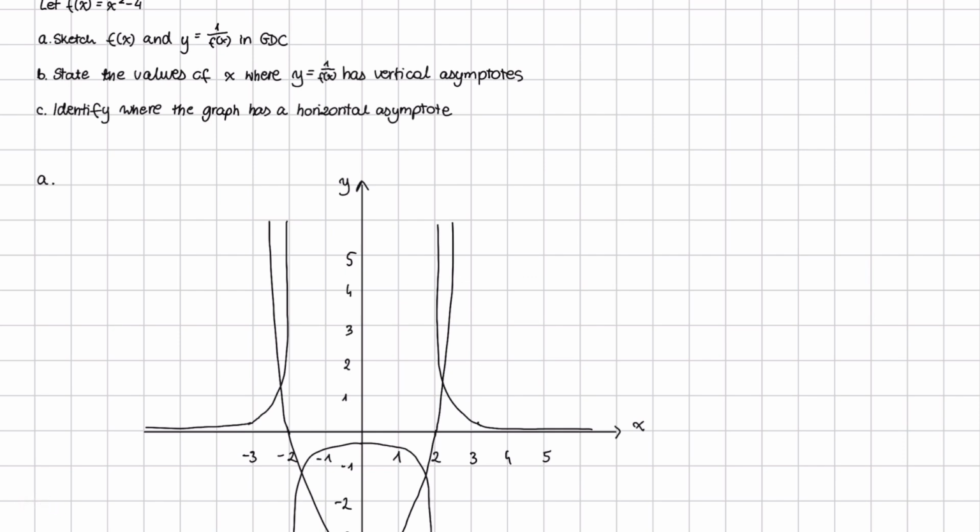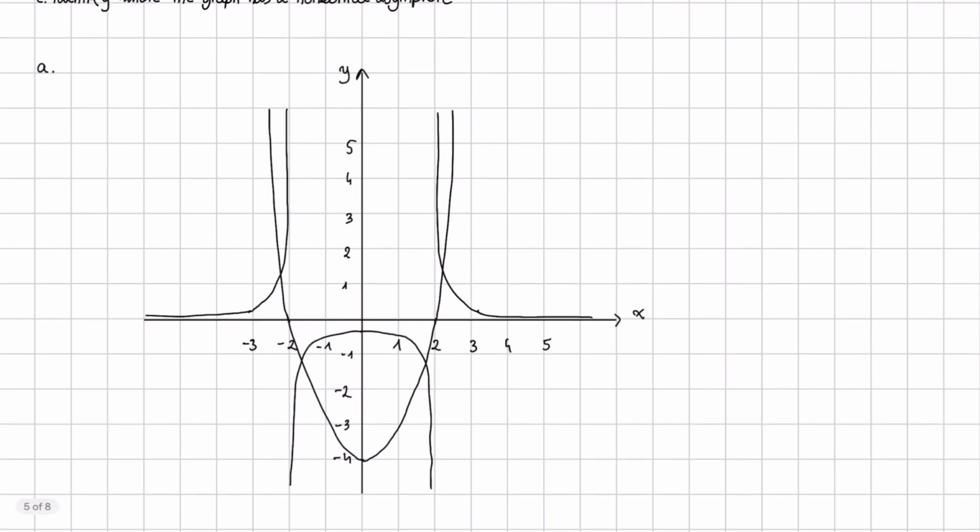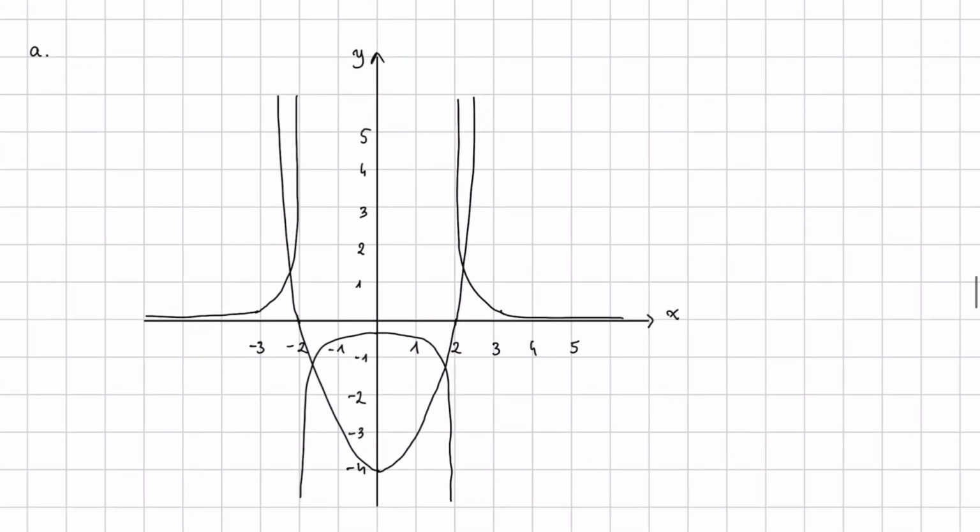And in B we have to state the values of x where y has vertical asymptotes, and asymptotes are the lines that are never touched by the function. So in our case, you can observe, and we are only considering our y function, so not the parabola.